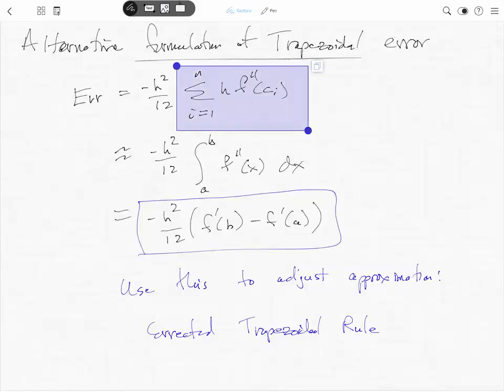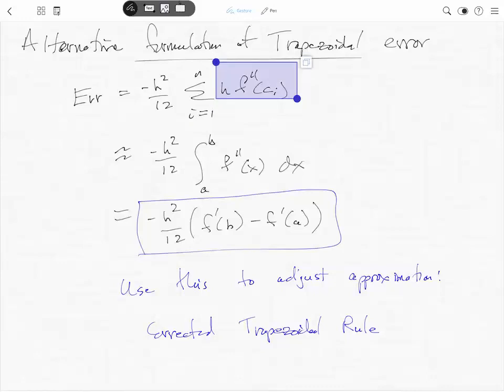Now, what does this thing look like? When you take the sum over a bunch of terms where you multiply h times the value of some function at some point c, remember c is going to be some x value in the interval, on the current interval that we're looking at, right? Each ci is on the ith interval. So what do you get when you do this? Well, this is exactly what a Riemann sum looks like, right?